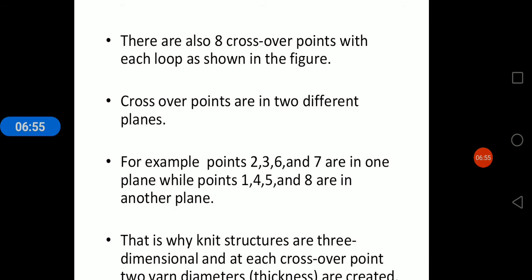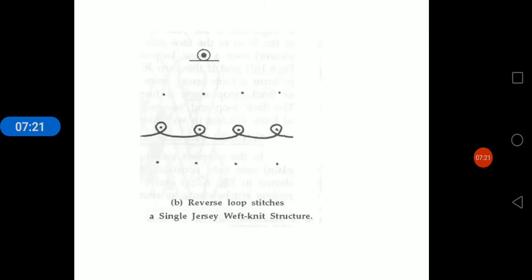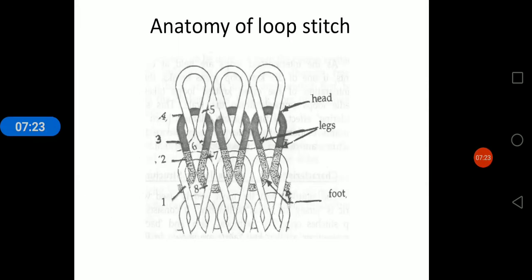Smooth filaments are very closely held over the different planes. Why? Because there are 8 crossover points in two different planes: one is the left side of the reverse and the back side of the face. There are two types of representation, diagrammatic and symbolic. In the figure we see the heads, legs and feet.